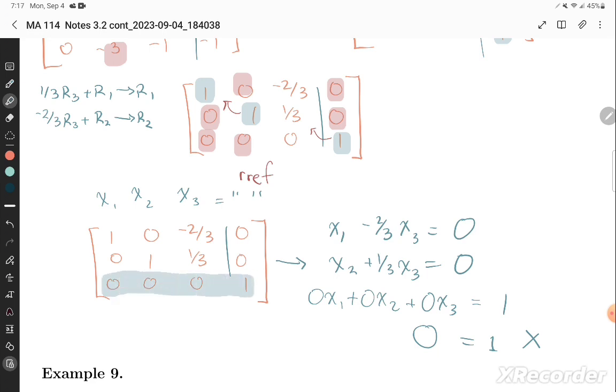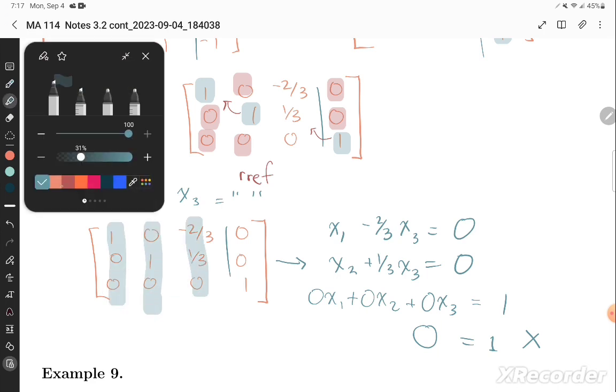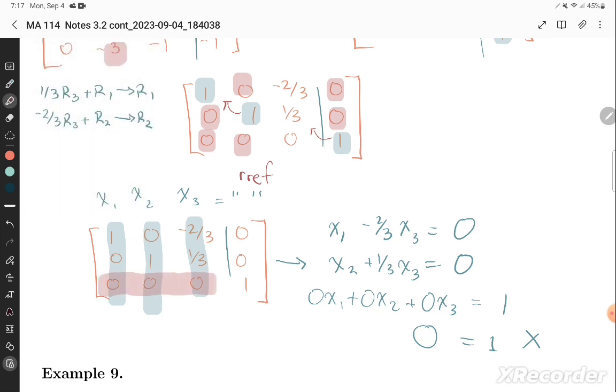this bottom row here, where for all my columns that represent my variables I've got zeros, right? Because the first column represents my x1 unknown, the second column represents my x2 unknown, the third column represents my x3 unknown, and this last column just represents the other side of the equal sign.